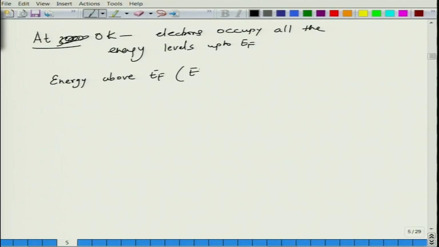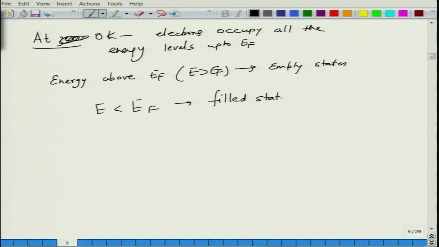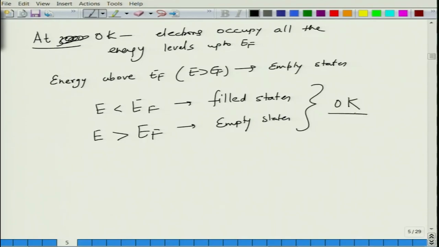So basically E greater than EF, those states are empty states. So essentially for E less than EF, filled states, and E greater than EF, empty states, at 0 Kelvin.